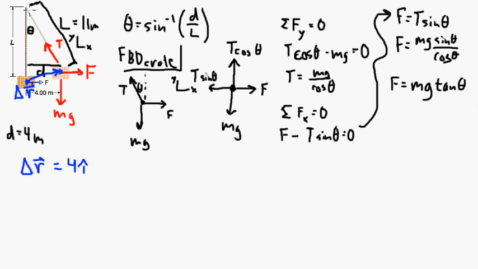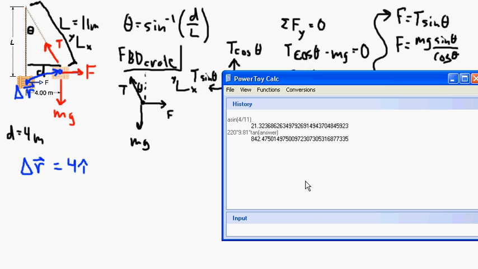So the vertical distance down from this rope is actually going to be 11 times cosine of theta. So I'm going to see what 11 times the cosine of that answer we found before, which was 21.32, gives. Okay, so that's where it ends.